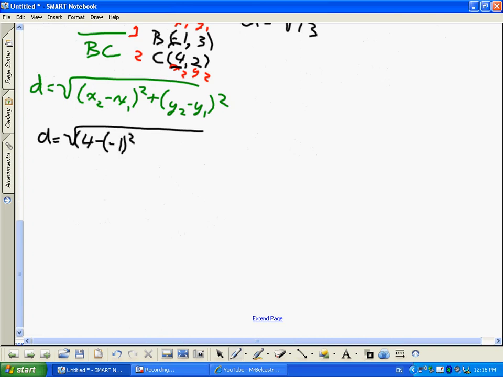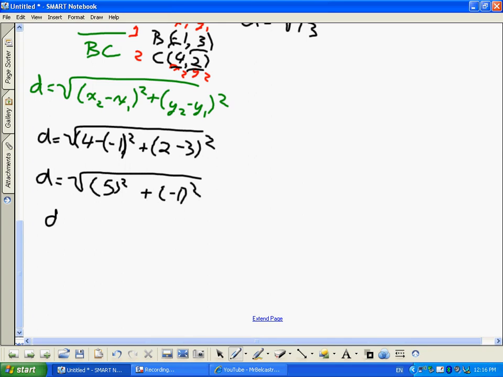Make sure we get that. Get an extra bracket there. y2 is 2, subtract y1 is 3, squared. D is equal to the root of 4 minus negative 1 is 5, squared, plus negative 1 squared. Already I'm starting to notice that this is not going to be the same size. D equals the root of 26.